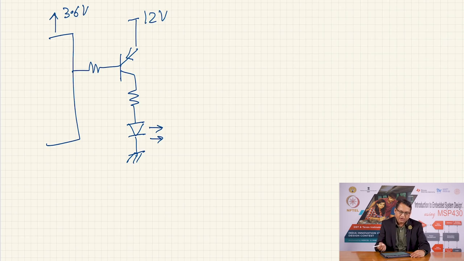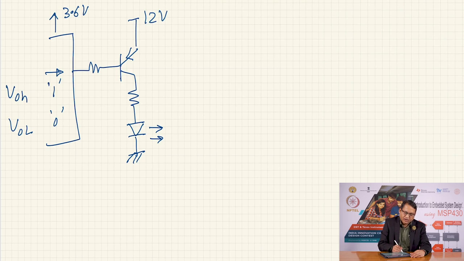I will never be able to turn this transistor off, whatever the state of the output pin, whether it is 1, at which time the voltage will be VOH, or 0, when it will be VOL. I will never be able to turn this transistor off if the output voltage is VOH, because VOH, as we have seen, can be maximum 3.6 volts, but usually it will be less than 3.6 volts. Let us say it can be 3 volts.